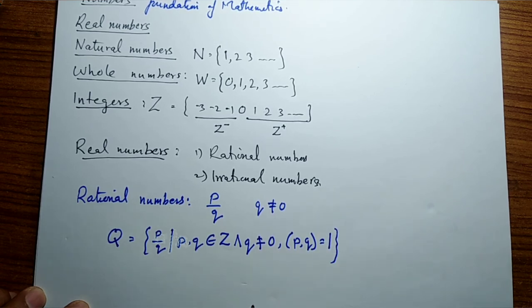So this is how we represent a rational number in set builder notation.